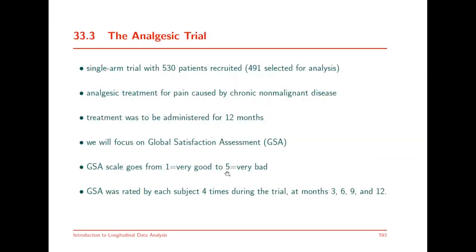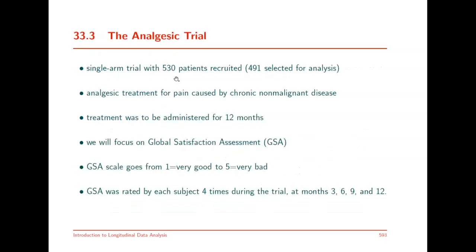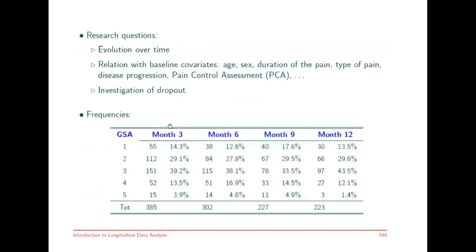Okay, let's apply it to the analgesic trial, where we see that we have a lot of missingness. These are cancer patients with pain, serious pain, unfortunately. So what we try and do here is alleviate their pain. But you see where you start with 530 patients at recruitment.